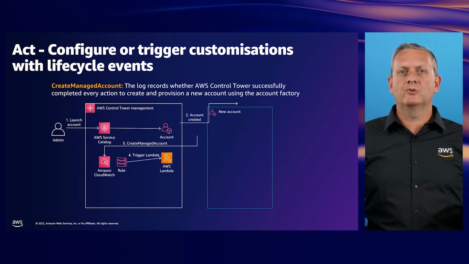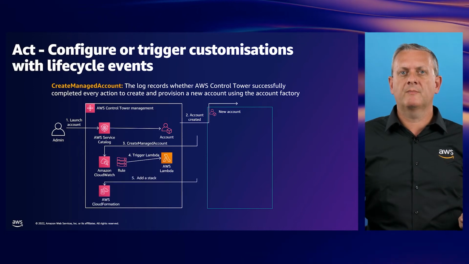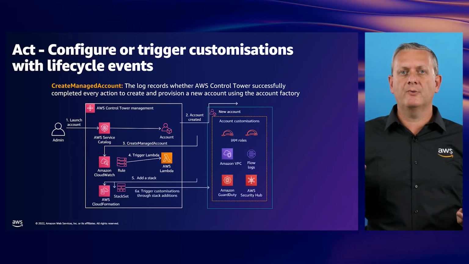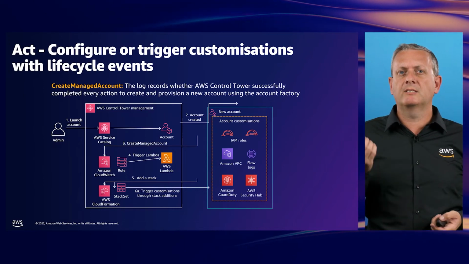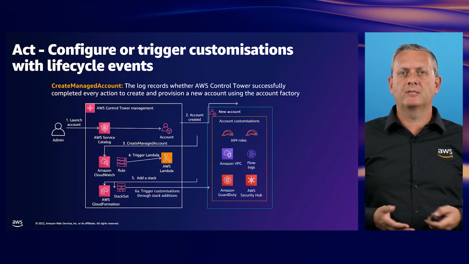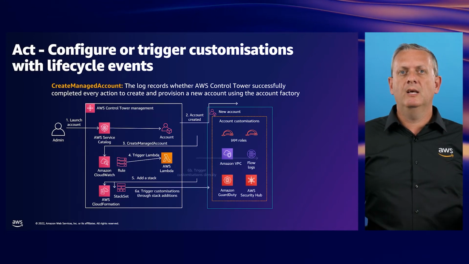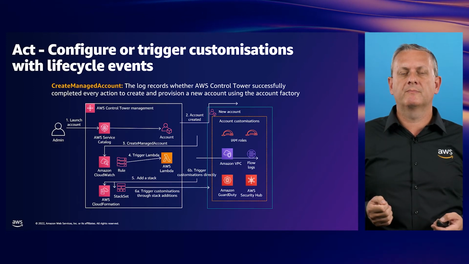A CloudWatch Events rule triggers a Lambda function, which launches a CloudFormation stack, and this customizes the new account with Control Tower blueprint settings as specified in the stack, such as identity and access settings, network configuration, and enabling security services. It is also possible to trigger customisations directly as part of the deployment.